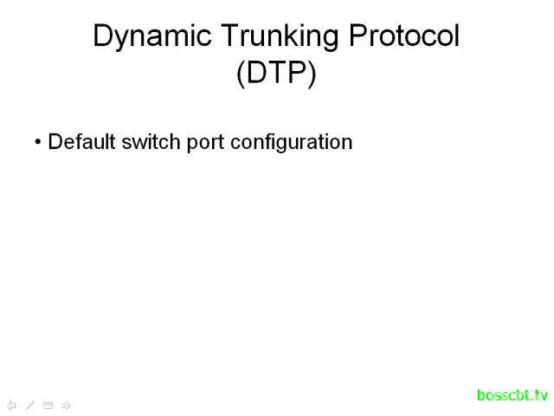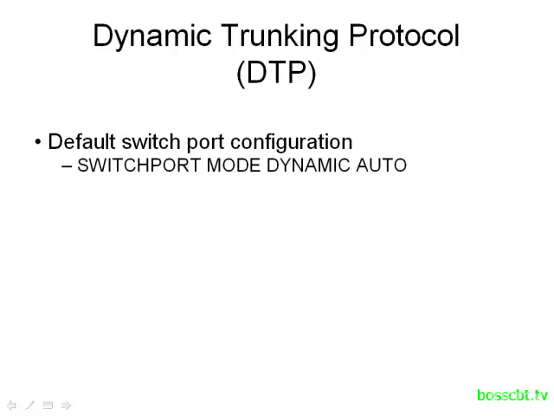So with that said, let's take a look at the switch itself. Now, when you get a switch from Cisco or you wipe out the config and reset it to its factory default, all of the switch port configurations are going to be the same, and they're going to look something like this: switchport mode dynamic auto. This is telling the switch port to function in a certain way. Specifically, it's putting it into the mode dynamic auto.